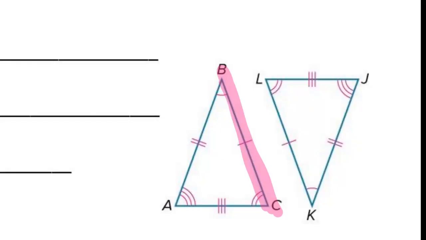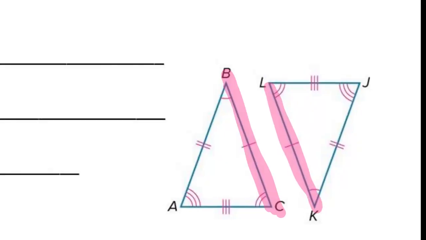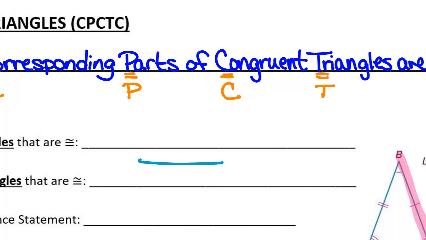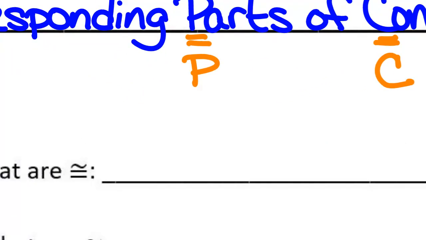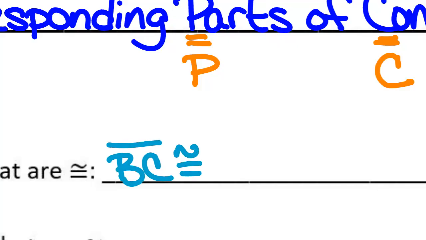What's the congruent piece on the other triangle? KL or LK, yes, this one right here. Those are congruent segments, so those would be my corresponding sides. So I'm going to say segment BC is congruent to segment LK, or you could do KL.